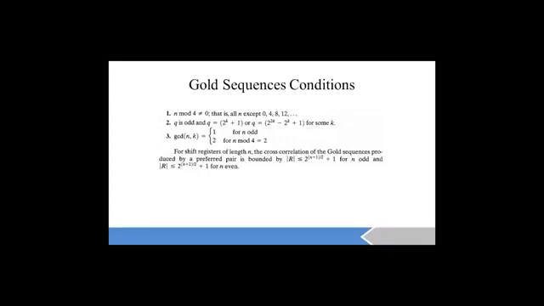Now, the third property is GCD of n and k equals 1 for n odd, and GCD of n and k equals 2 for n mod 4 equal to 2.